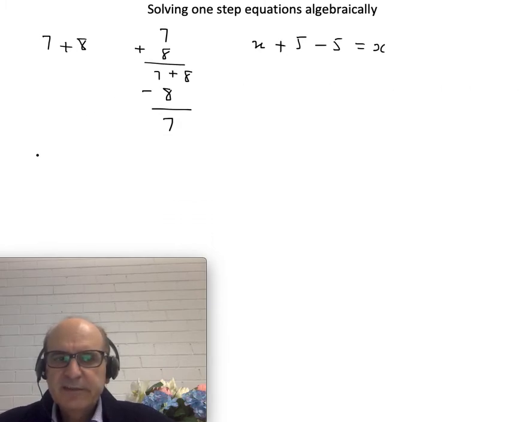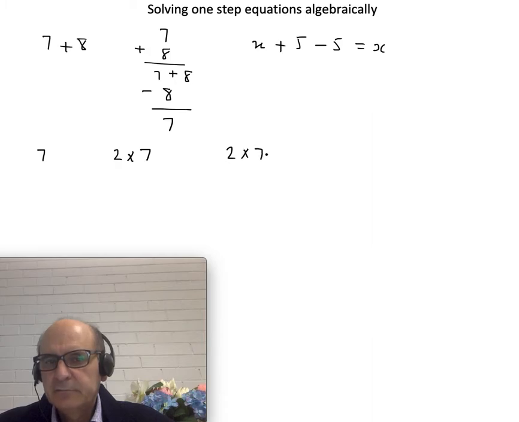Similarly, if I had 7 and I times it by 2, I get 2 times 7. And then I divide whatever I have again by 2, I will end up with 7, which was my original number.